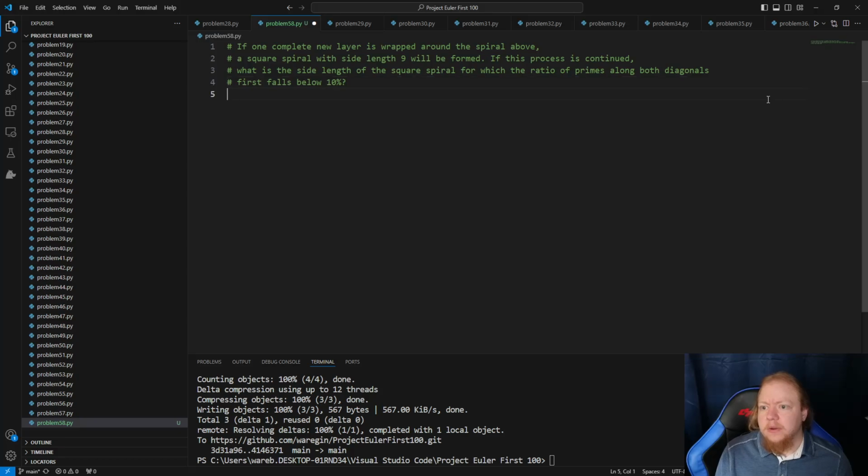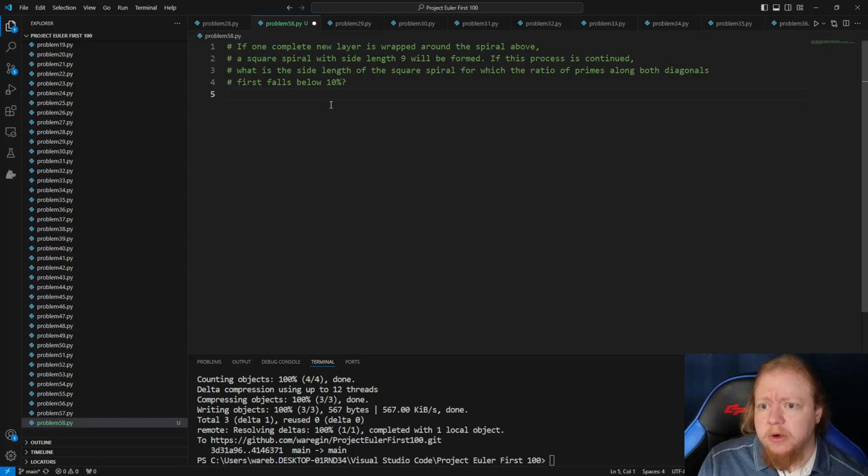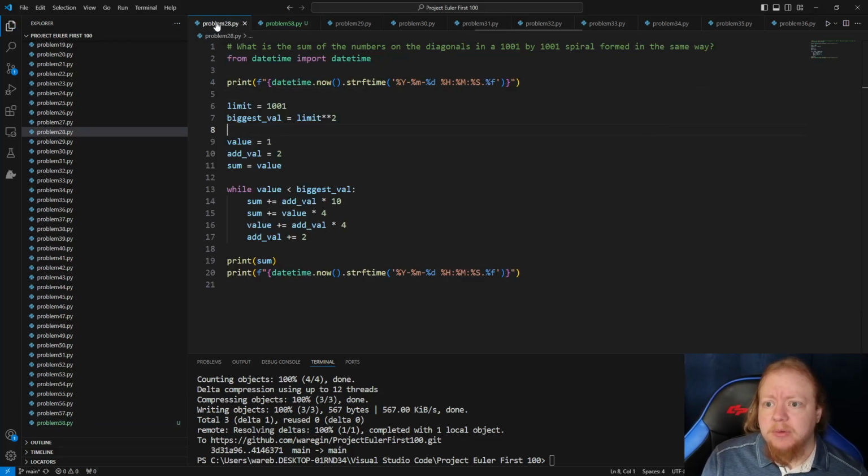Okay, so we're looking for a counterclockwise spiral. Problem 28 is a clockwise spiral. What did we do here?